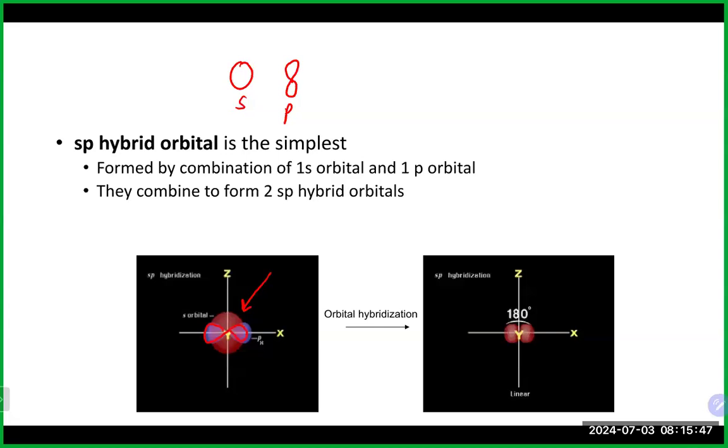They're going to hybridize and make these two kidney-shaped orbitals that become one here. And we get two sp hybridized orbitals, as it's referred to. They're both going to be equal in terms of energy.